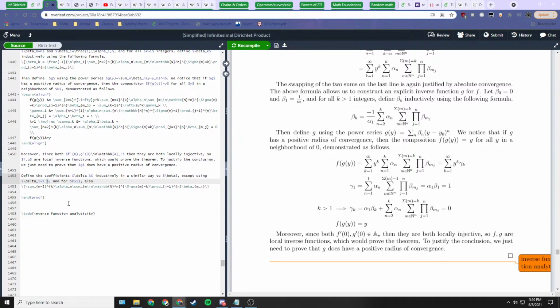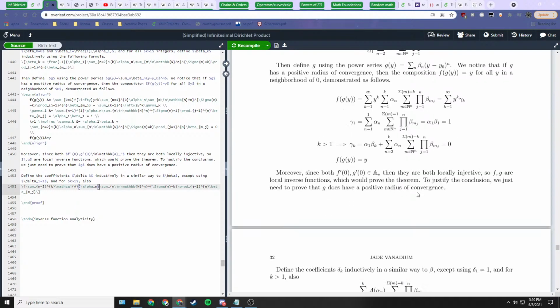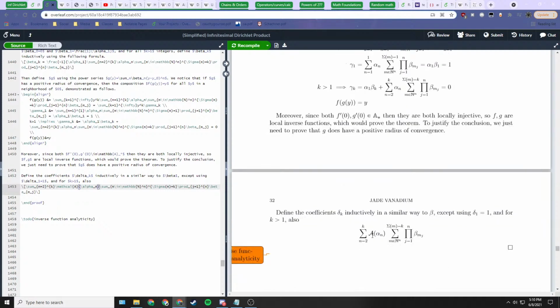We'll do delta 1 is 1, and we'll do a of alpha n. Okay, so this is essentially the same, oh, sorry, that shouldn't be beta, that should be delta.